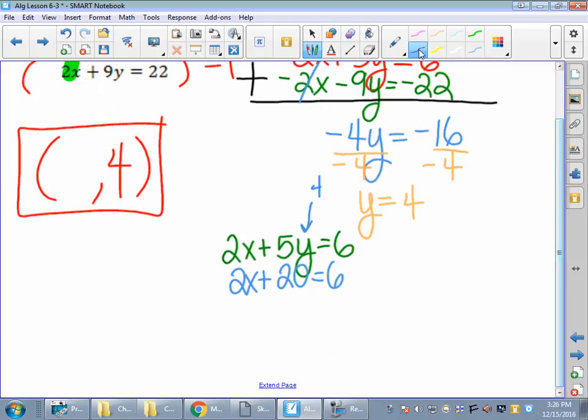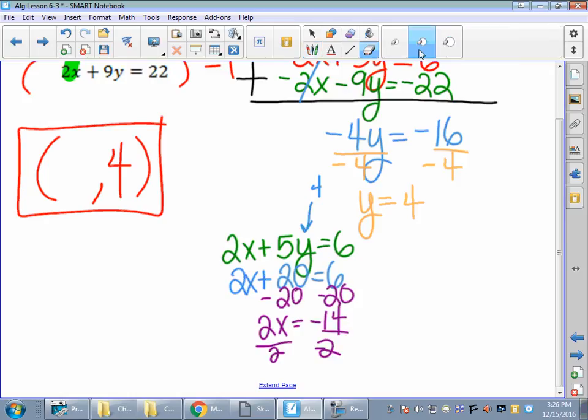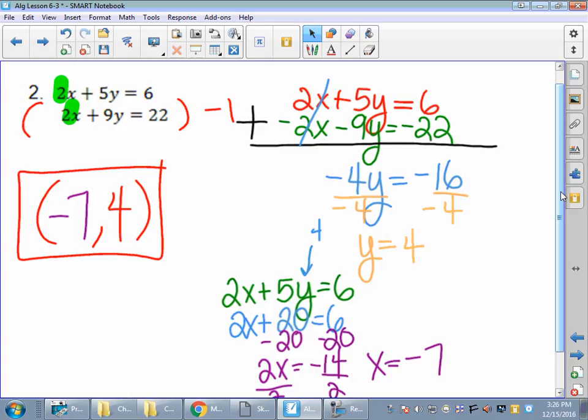I'm going to solve this the same way we've been solving equations all year. 2x equals -14. Whoops, divide by 2. That's a positive 2. So x should be equal to -7. And again, I can go back and check that by putting -7, 4 in for the x and the y in both of those equations and make sure I get the right answer.